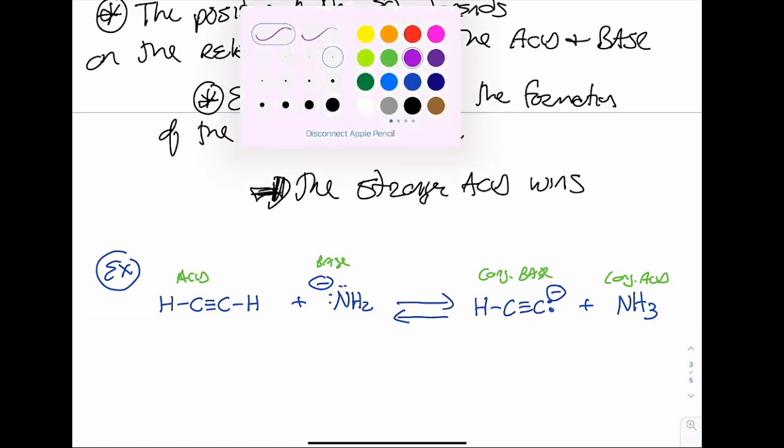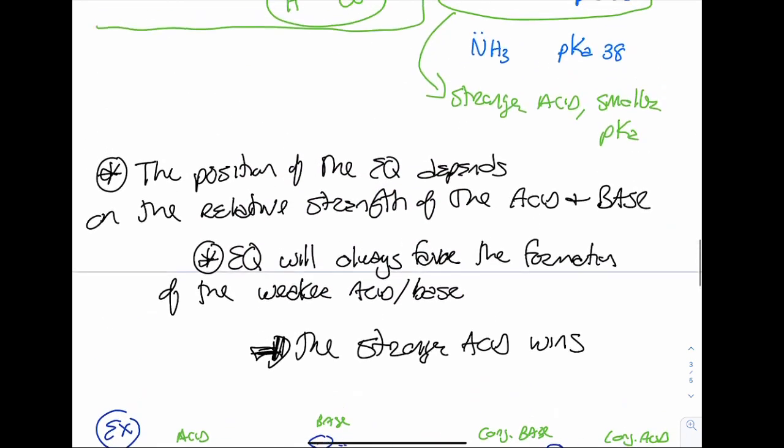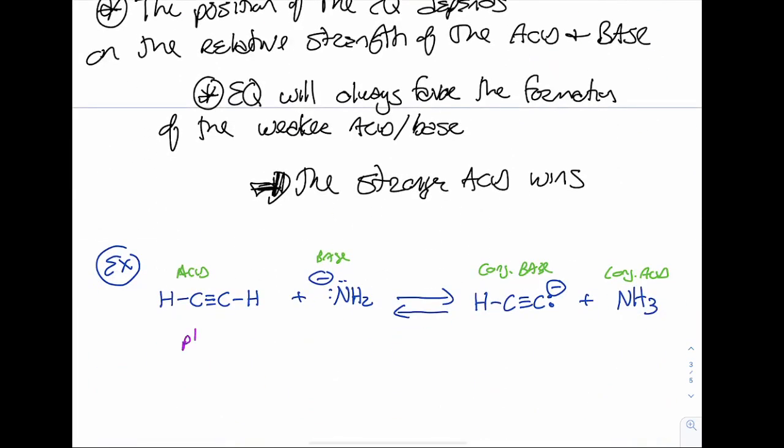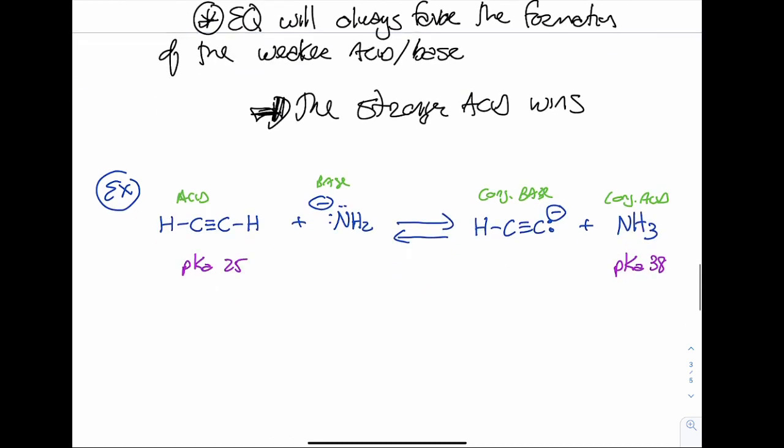And then the Ka values or pKa values that I gave us up above. So for this one, it was 25. And these are about 25, it's not exact. And then for this one is 38. So if I asked you, at equilibrium, what is favored, reactants or products? That's our question.